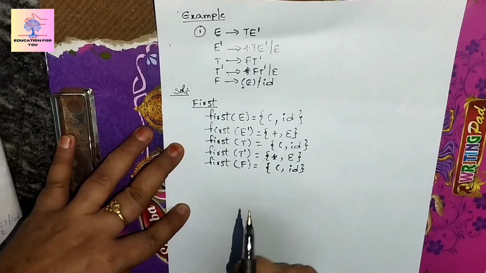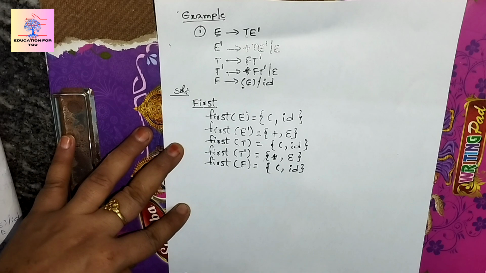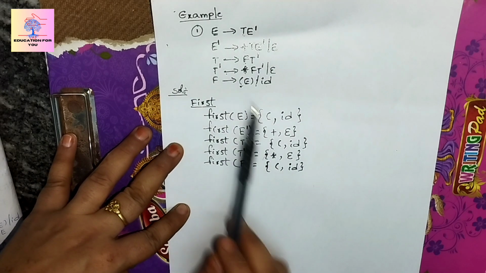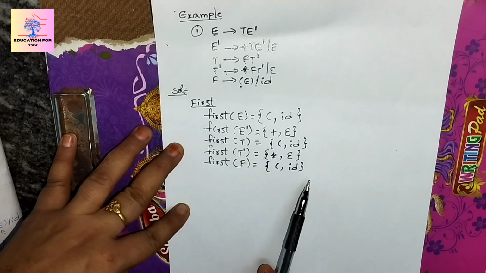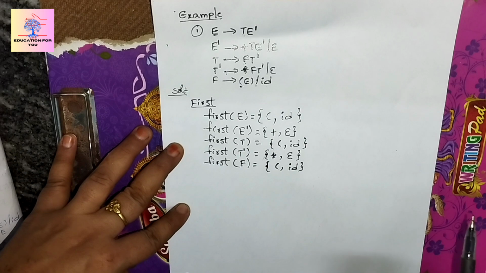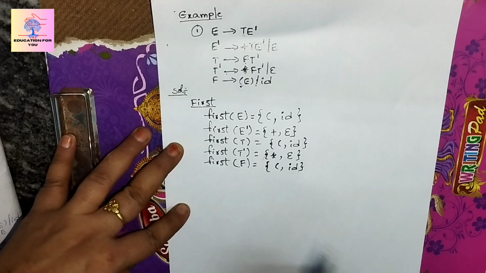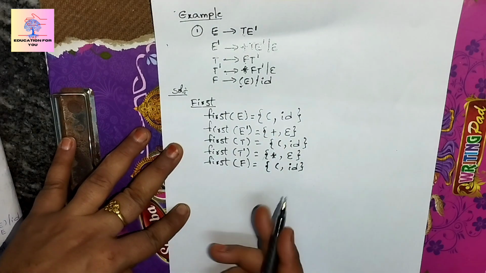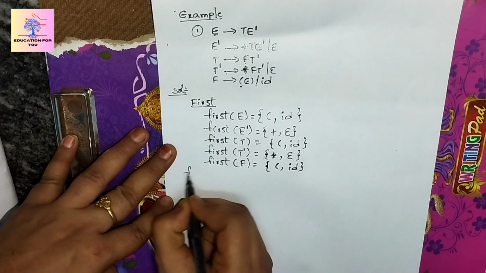That is the first rule of first actually. If the terminal is not there and a non-terminal is there, then again you have to calculate the first for the non-terminal. These are the firsts for this grammar, over. Now we have to calculate the follow.